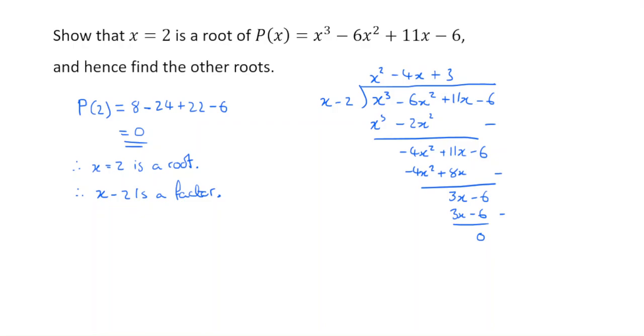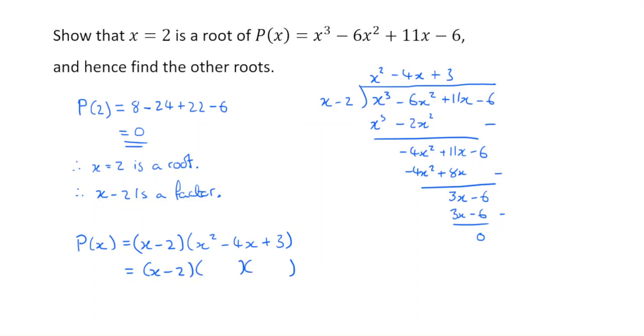So what have we just shown? We have now shown that P of x can be written as x minus 2 times the quadratic x squared minus 4x plus 3. And because that is a quadratic, we can just factorize that into the two other factors.